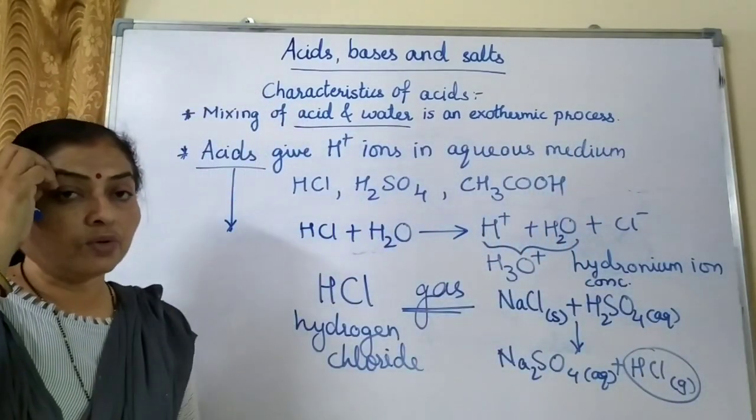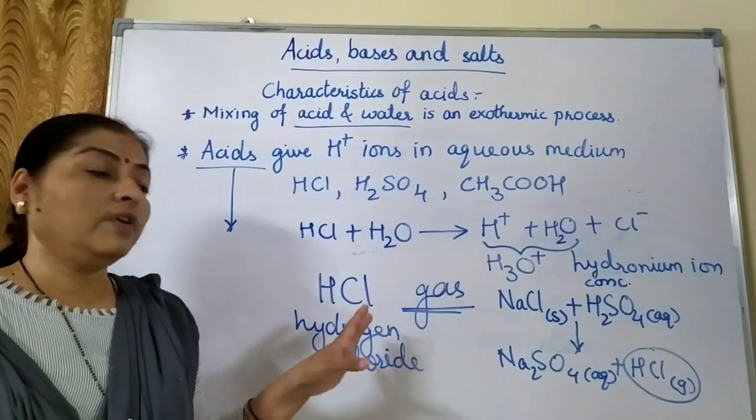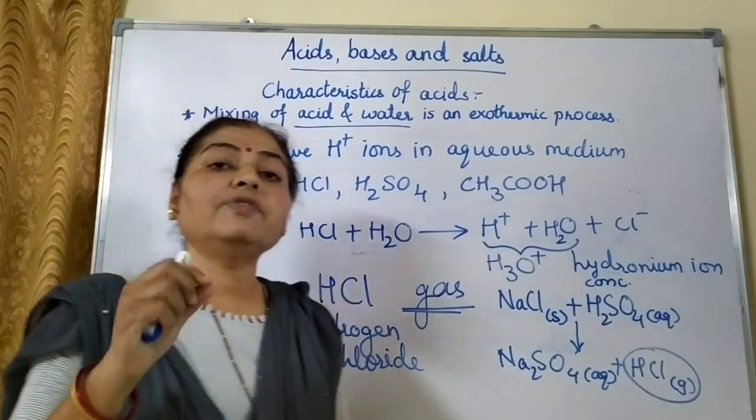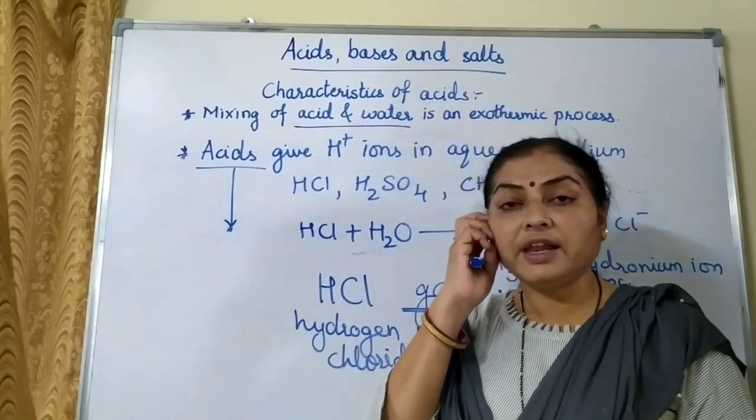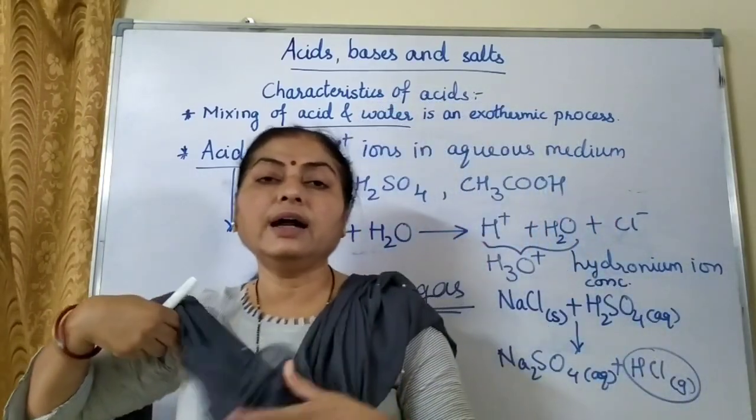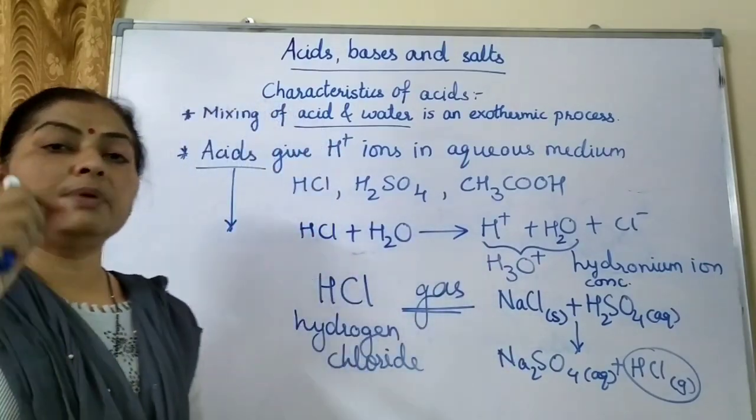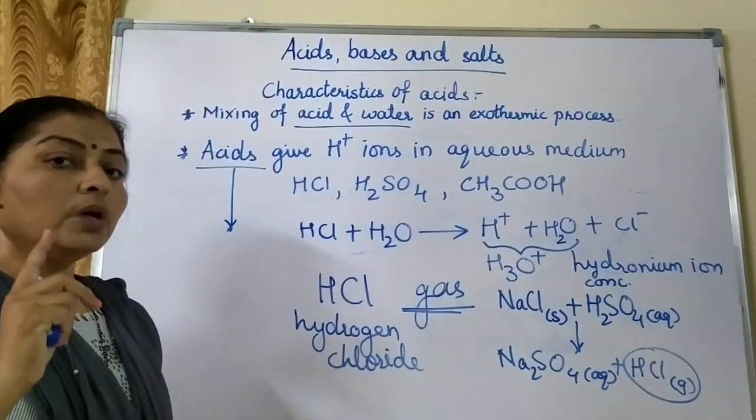And how do we come to know that a substance is acid? We come to know a substance is acid if it turns blue litmus paper to red. That is a very important characteristic of acid, that acids turn blue litmus paper to red.